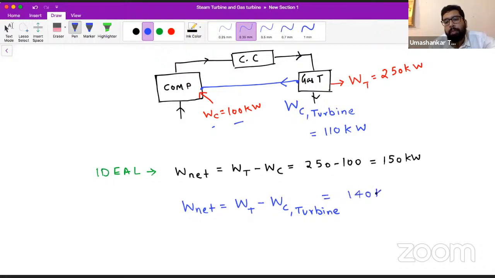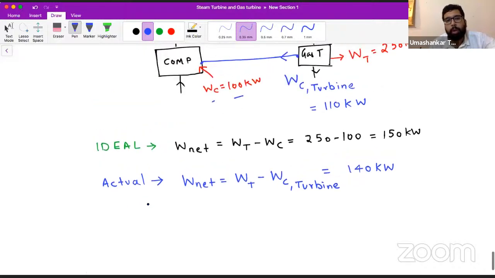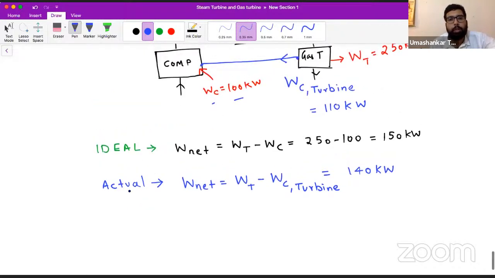This is the condition in an actual working cycle. Not turbine minus compressor is your net work output, but your net work output is somewhat more reduced because of these mechanical and frictional losses, due to which mechanical efficiency comes into play.